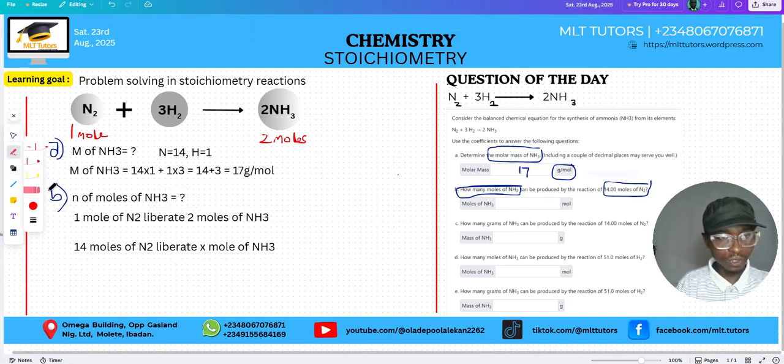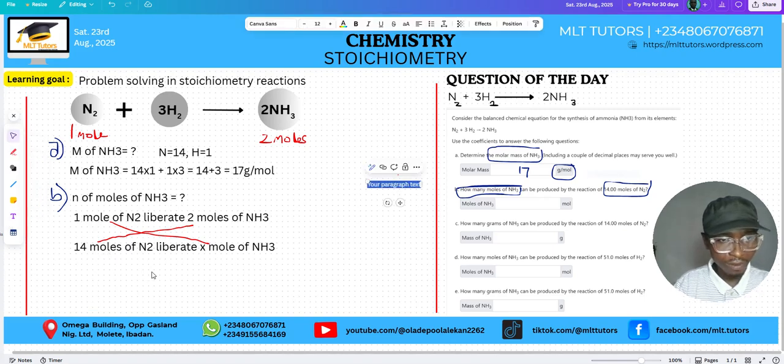So we have 1 mole of nitrogen multiplied by X moles of ammonia, then 2 moles of ammonia multiplied by 14 moles of nitrogen. Okay, let's put that down.